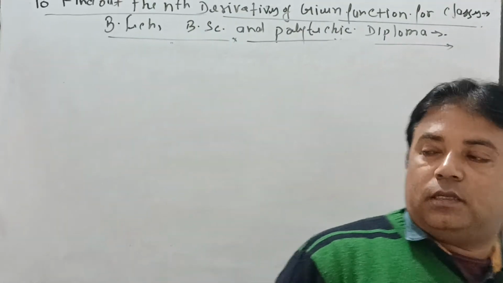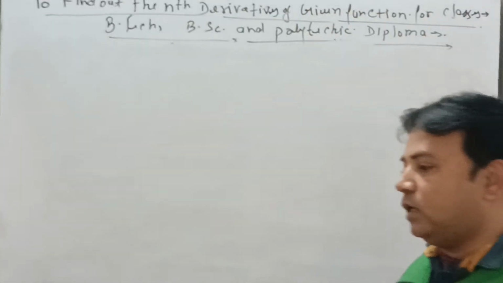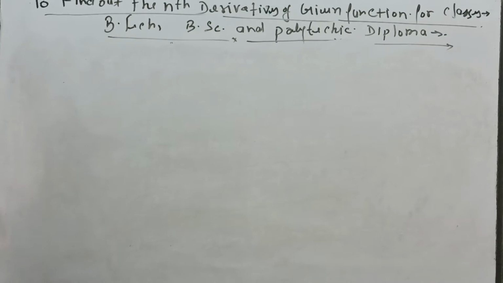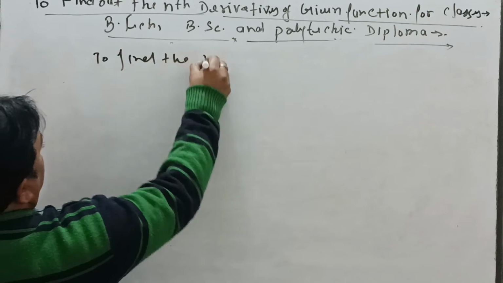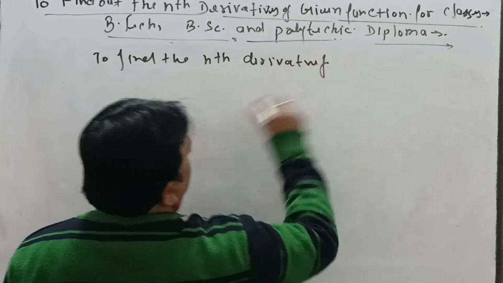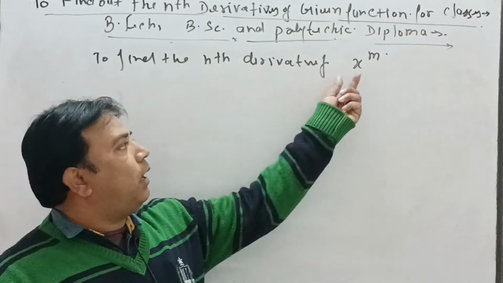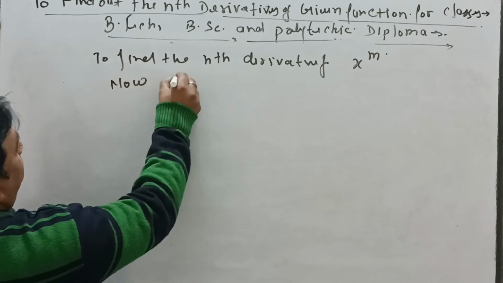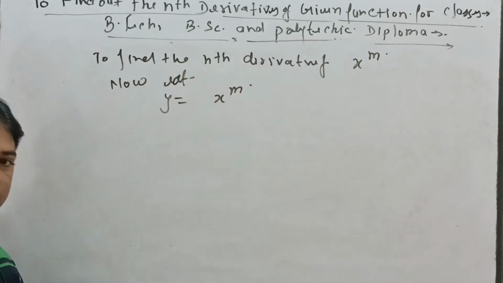After that we see that the function shows some similarity, so we write the nth derivative of the given function. Now, to find the nth derivative of x to the power of m, let y equal x to the power of m.